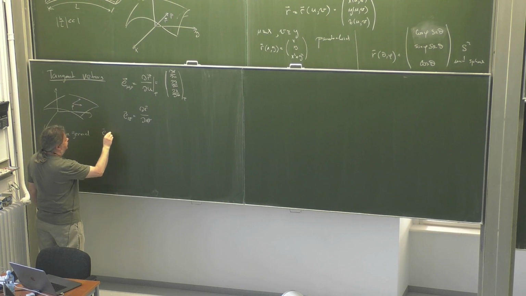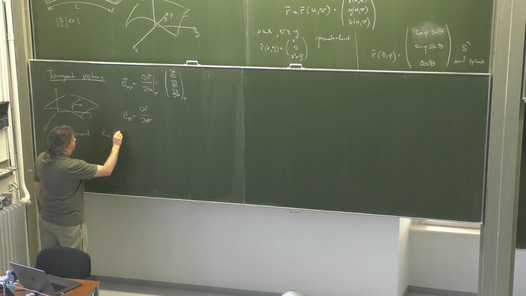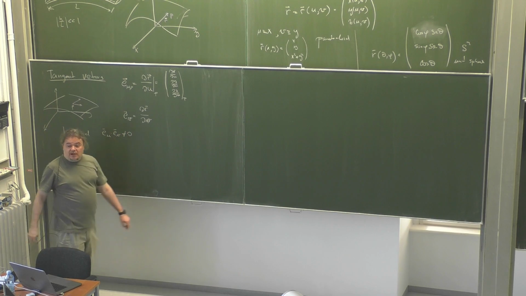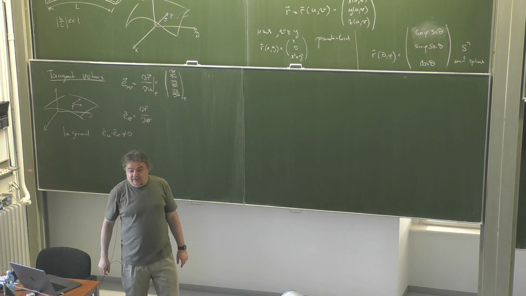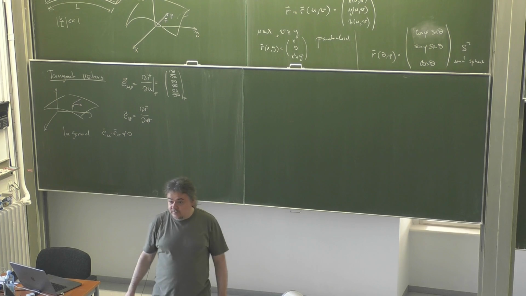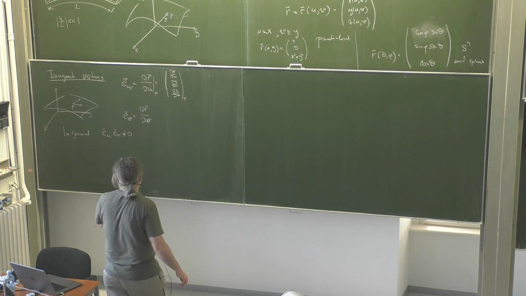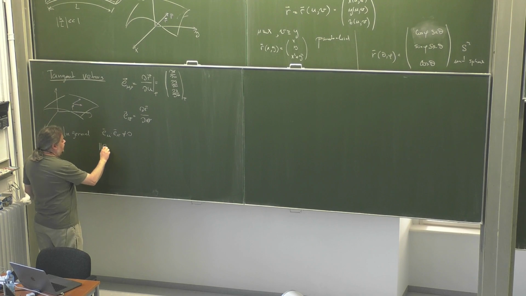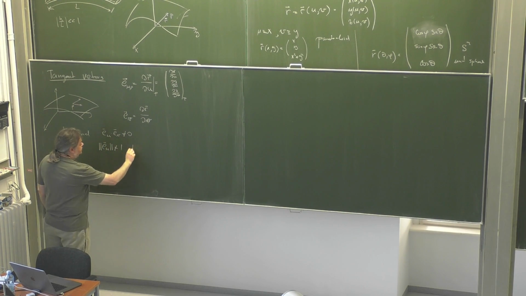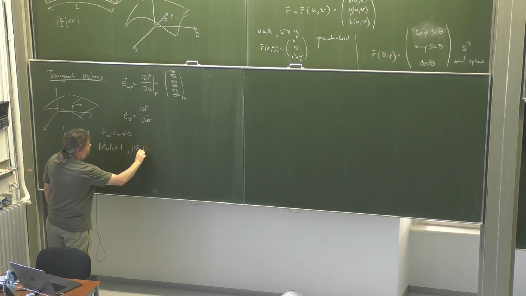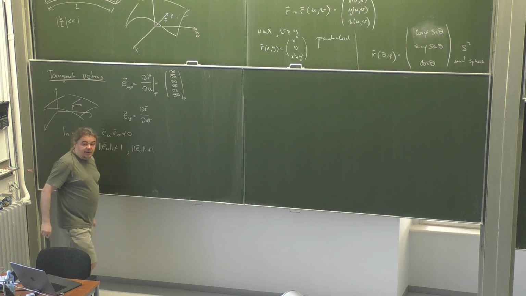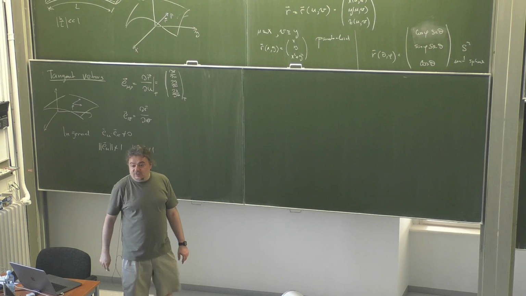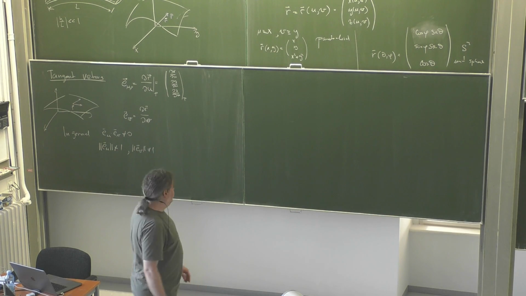So in general, these two guys E_u and E_v are not orthogonal to each other. In general, they can be, but in general, they're not orthogonal. Also, in general, the norm of E_u is not equal to 1, so they're not normalized. They can be whatever you want them to be, right?